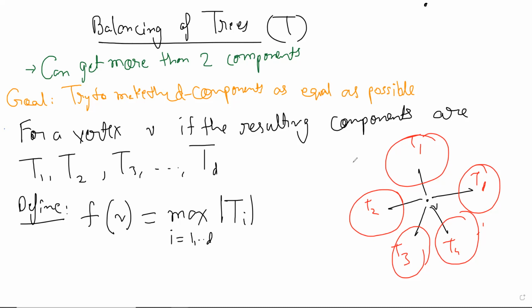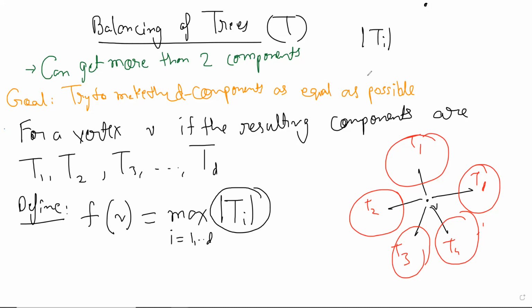Ti can be thought of as a number, and we go from T1 to Td. T1 is not a number, T1 is a tree, but this is understood to be the number of vertices. Size is enough to say, because if you say size, then you can say either vertices or edges, since it's just one less.